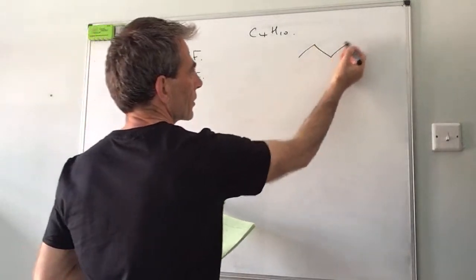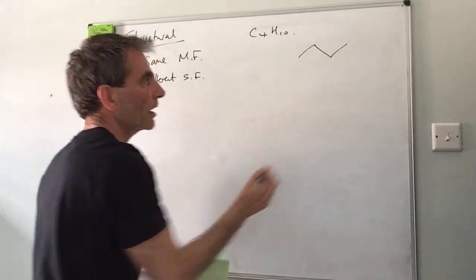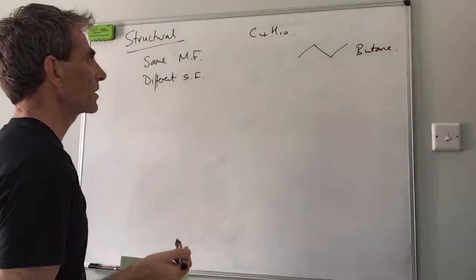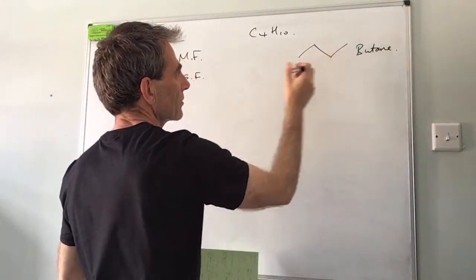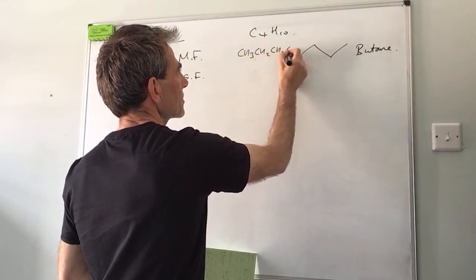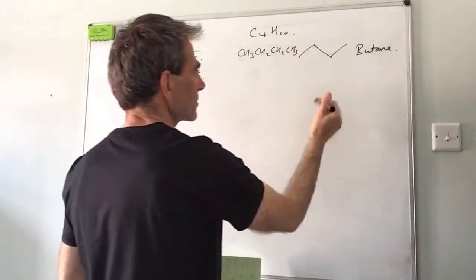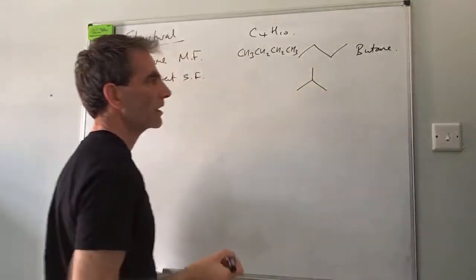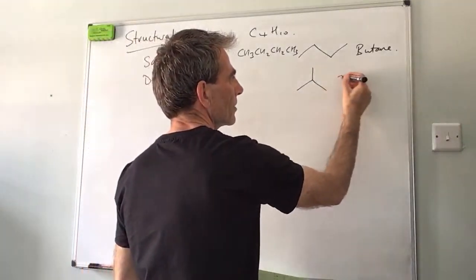Okay, 1, 2, 3, 4. I know that doesn't look very straight, but we class that as a straight chain alkane. So that's butane. The structural formula for that is CH3, CH2, CH2, CH3. However, you could also make a chain of 3 and put the 4th carbon on there like that and create a branch on carbon number 2. So that's called 2-methyl propane.